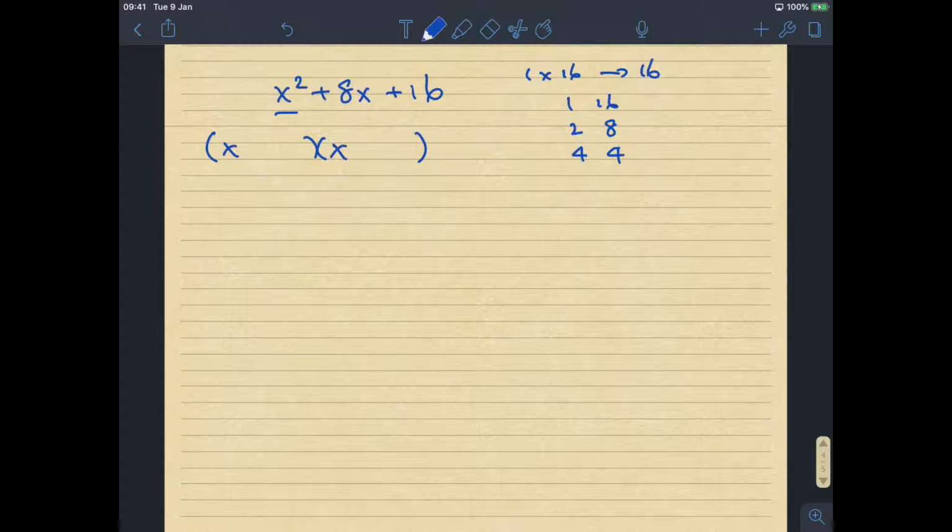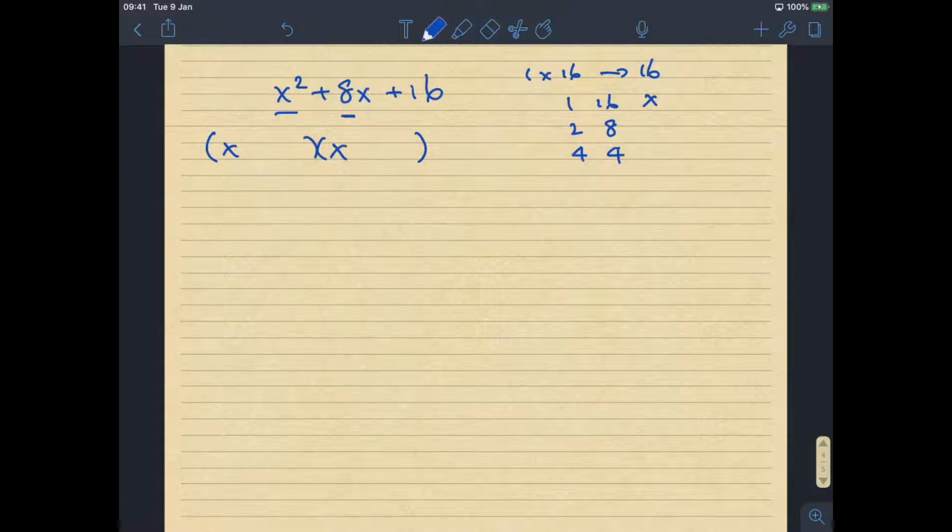Now, to figure out which one we need, these two numbers would also need to give you, either by adding them up together or taking the difference between them, 8, which is the coefficient of the second term. So if it's 1 and 16, the best we can get is either 15 or 17, which is not 8, so it's definitely not this one.